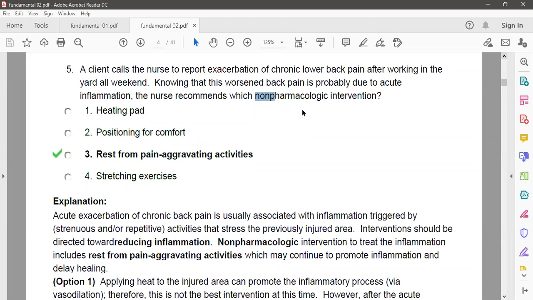Because we do not know how to maintain body posture. We do not know what type of activities increase the back pain. Back pain can also be due to referred pain from another source. This is important, my friend.